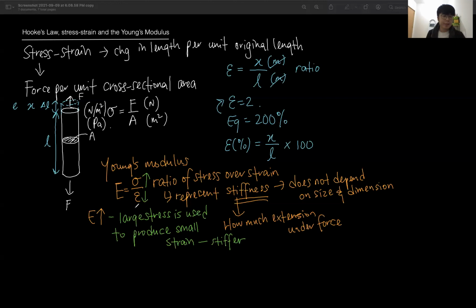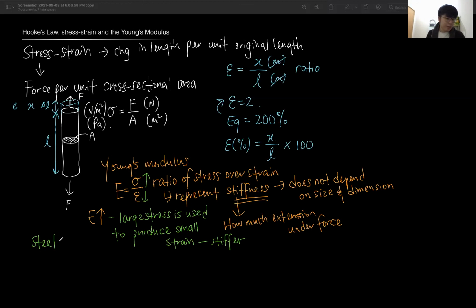So just to give you a little bit of idea of different materials, like the steel mentioned earlier. What is the Young's modulus of steel? Of course you have many types of steel, mild steel, strong steel, but we're just talking about steel in general.